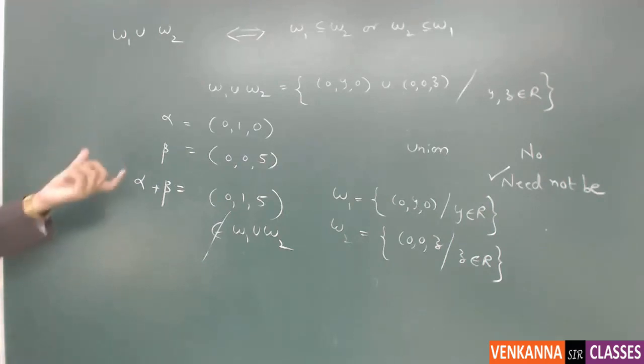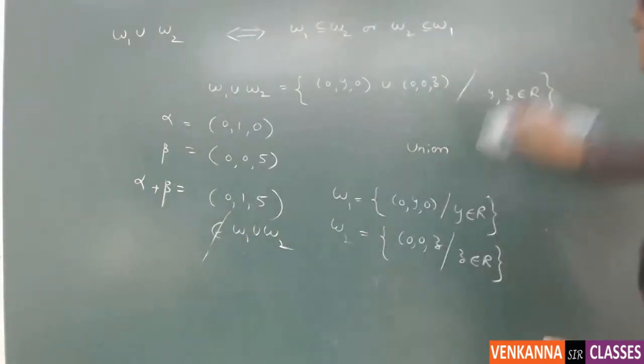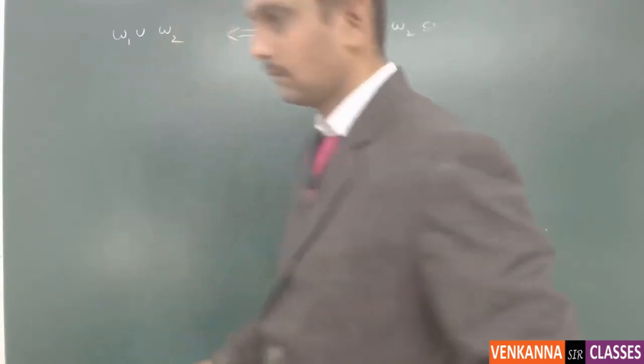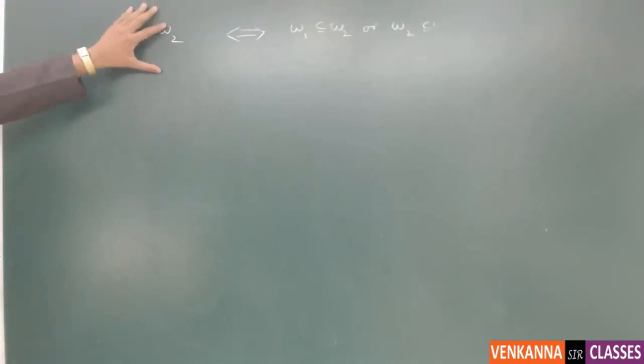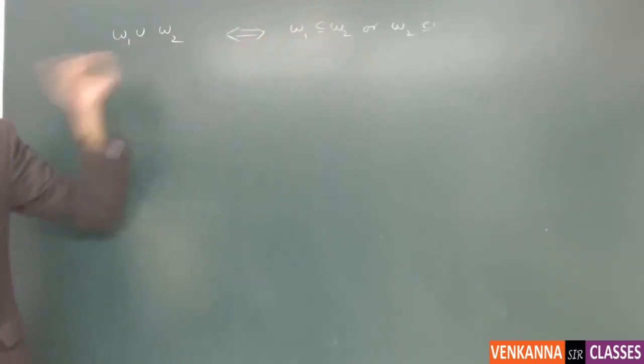Now let us prove it theoretically. Shall I go? Right. So if you observe the result, it contains two parts. By assuming this, you should prove this one. Similarly, by assuming this, you should prove this one.